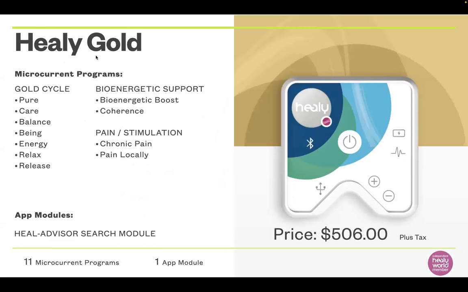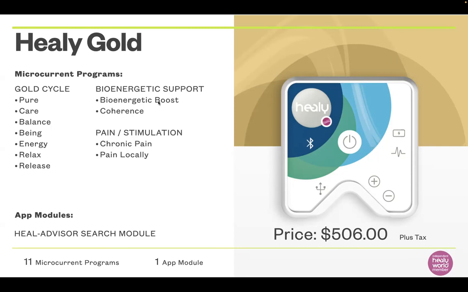The lowest price edition is called Healy Gold. It's about $500, but it's very entry level. It only has 11 microcurrent programs, but it's got the gold cycle, which is very popular, and they are more generalized and cover really every area in 7 programs.